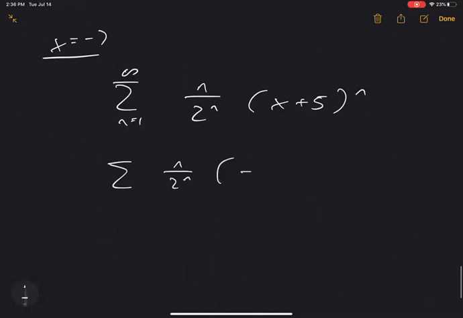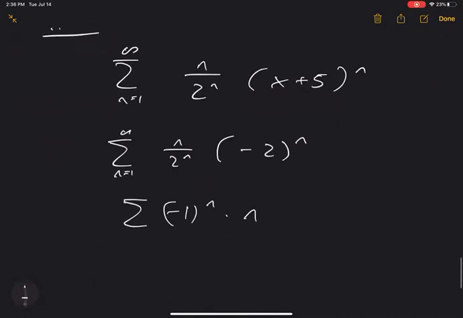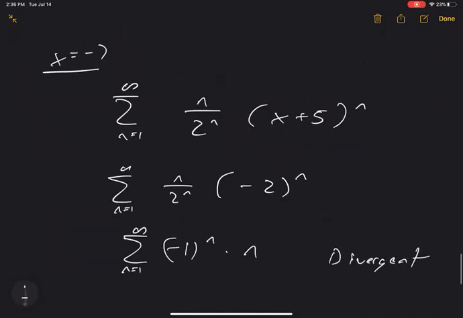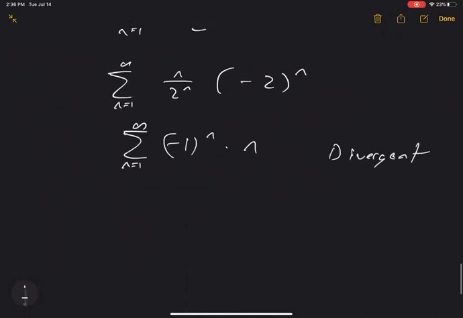That becomes (-2)^n, right? I simplify, (-2)^n divided by 2^n. This series becomes (-1)^n times n. We saw an example of this earlier. We know this is going to be a divergent series. So I don't want to include x equals -7.